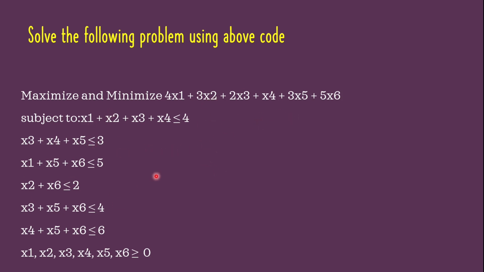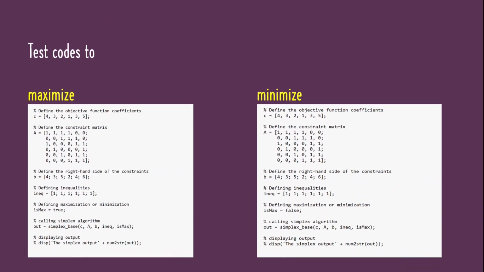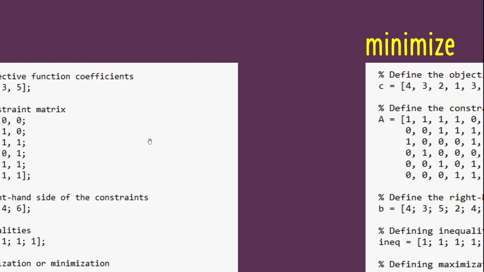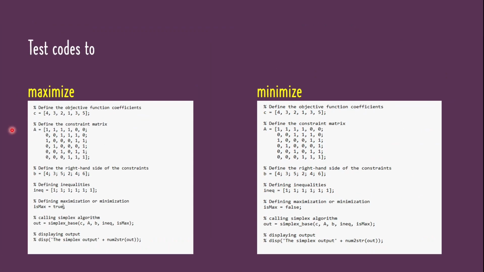We need to subject it to these constraints. So you can pause the video and note down the constraints and equations here. From this code you can do both maximization and minimization.